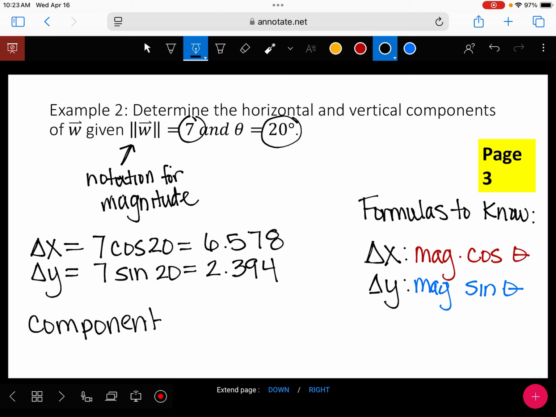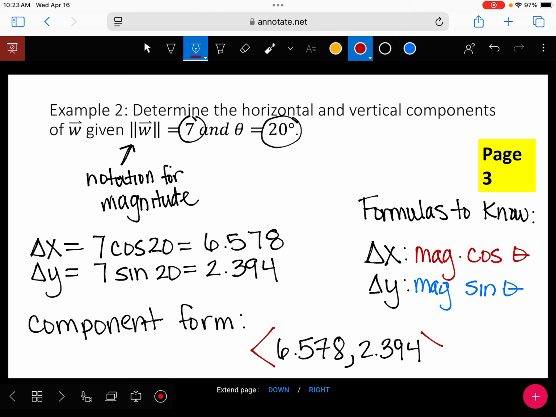Component form simply means that we have those pointy parentheses. So I have my change in x. X always comes before y. Everything comes before y in the alphabet. So that would be my final answer.